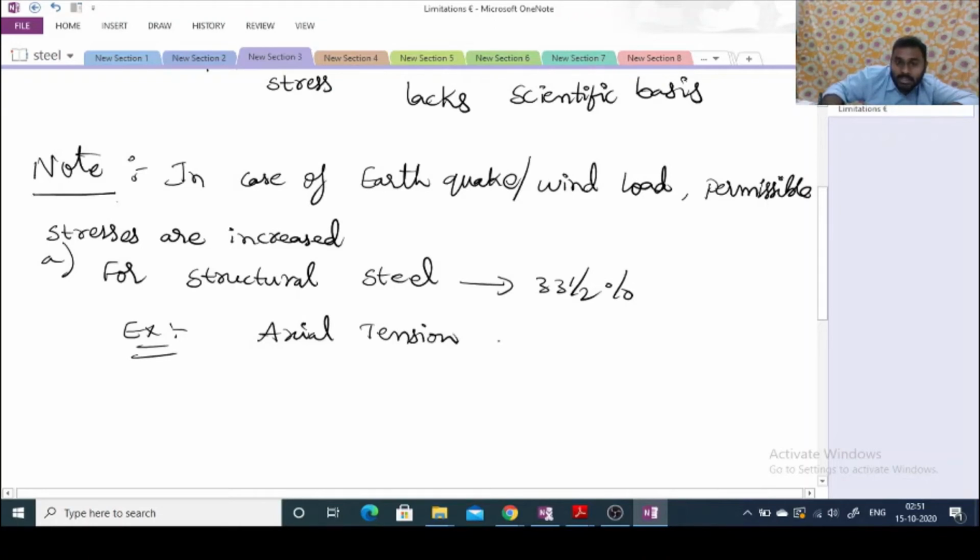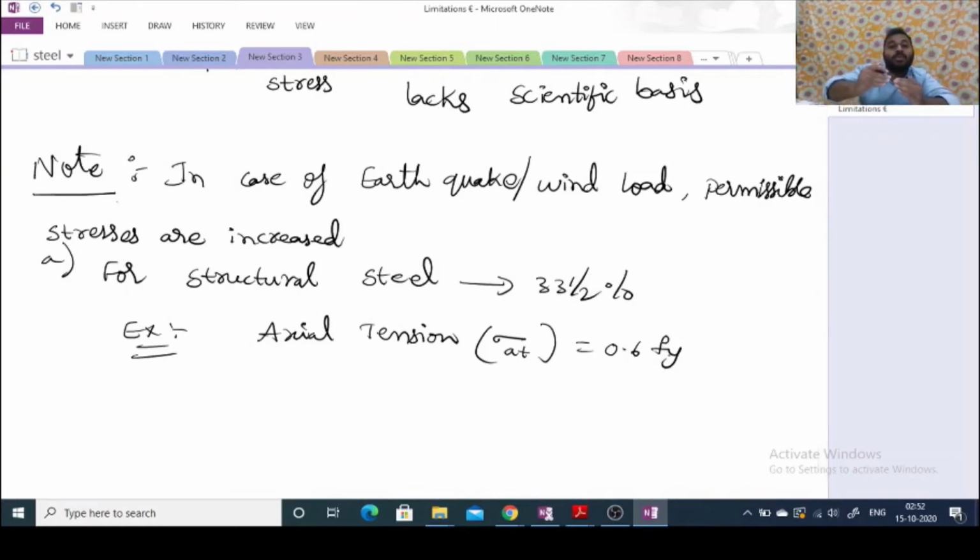Axial tension we represent with sigma AT. What is the permissible stress in axial tension? It is 0.6 Fy, right? If you are considering earthquake or wind load in the design, then this permissible stress should be increased by 33.5%. It means this should be multiplied.